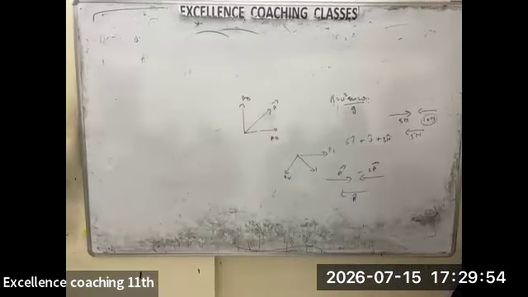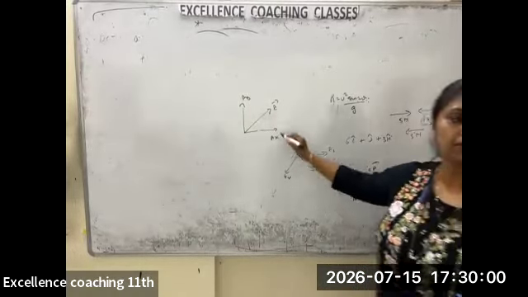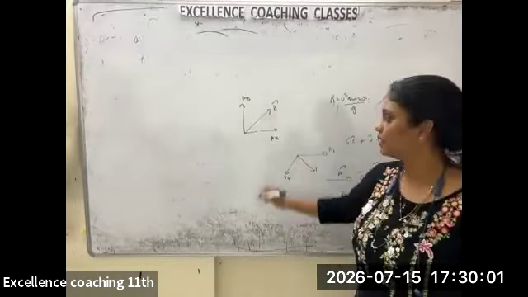Second question, what is the magnitude of A? It will be root of Ax square plus Ay square.